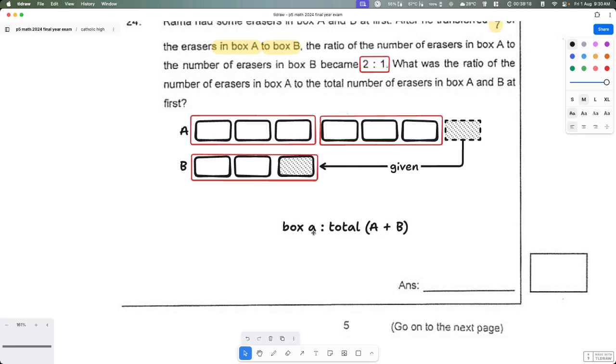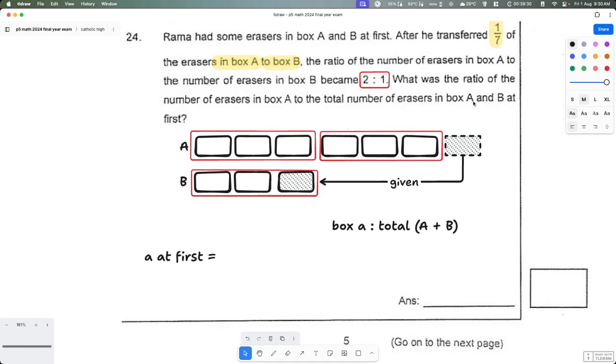This is at first. So at first, A is equal to how many units? 1, 2, 3, 4, 5, I mean, 7. Pretty straightforward. And then B at first is how many units? 2 units. So 7 units, and then 2 units, and the total at first is equal to 7 plus 2, which is 9.